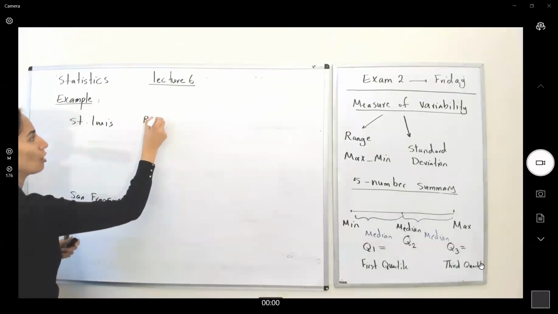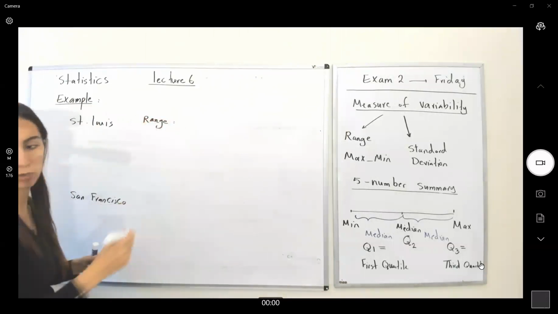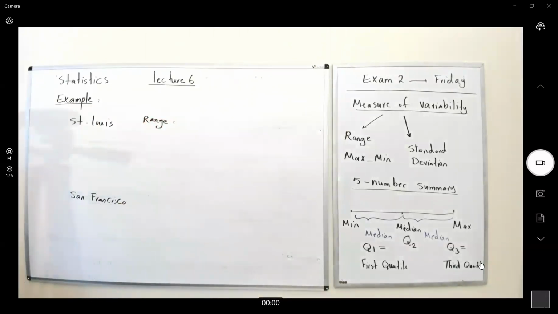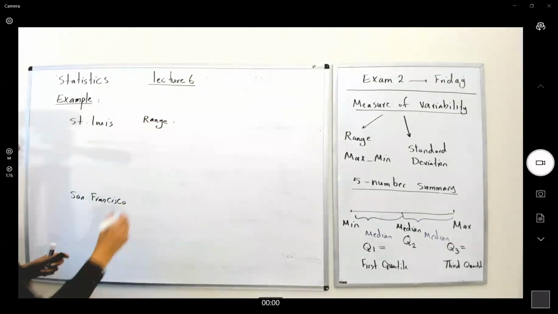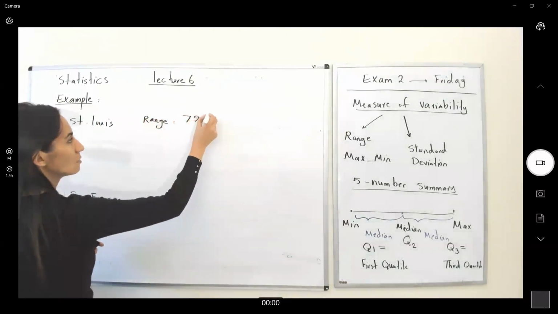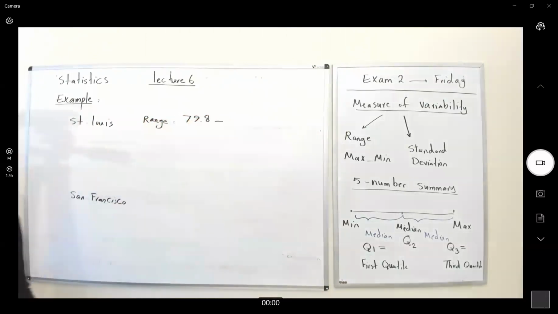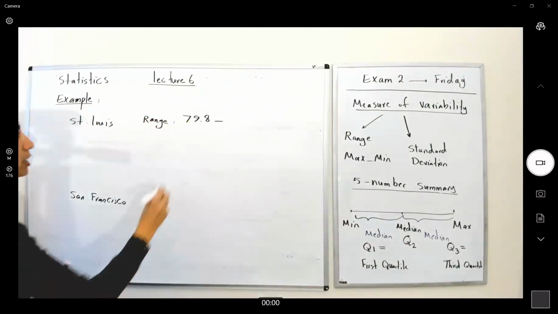The range of San Luis, we need to find the maximum value. The maximum value happens to be 79.8, minus the minimum value, which happens to be 29.9.